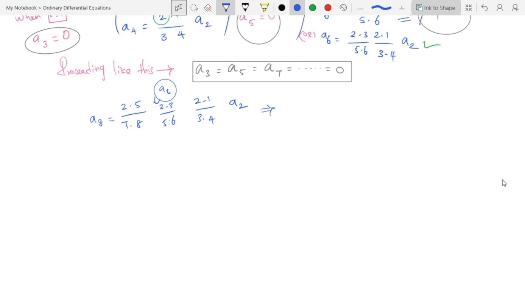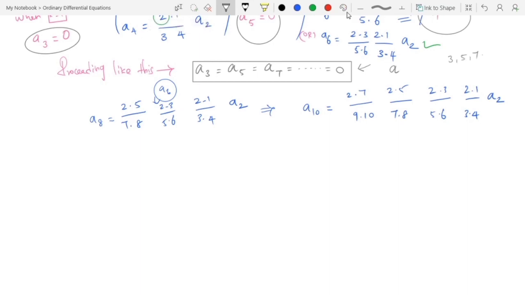So automatically we can write a10 as 2 into, after 5 the next odd number 7, by 7, 8. After that we have 9, 10, 9 into 10. So next 2 into 5 by 7 into 8, 2 into 3 by 5 into 6, 2 into 1 by 3 into 4, a2.